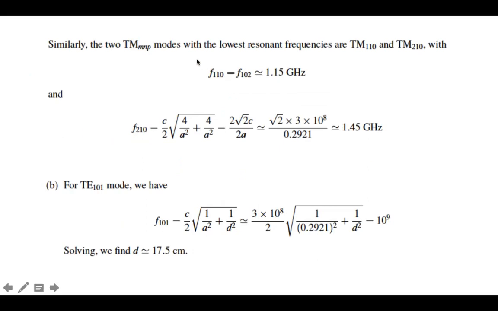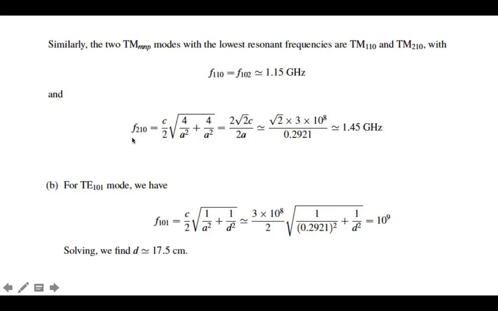Similarly, the modes with the lowest resonant frequencies are TM110 and TM210, and we get for the frequency of TM110, that's equal to 102, 1.15 gigahertz, and 210 can be found to be 1.45 gigahertz. So basically we're literally plugging in values for M, N, and P for our given A, B, and D in order to find the resonant frequency.